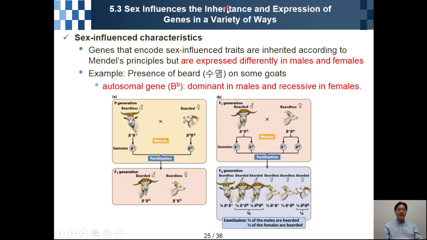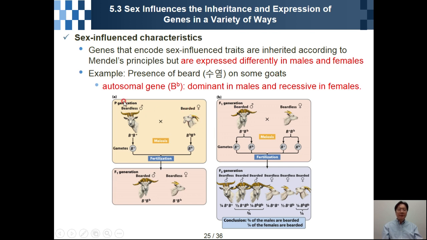Genes that encode sex-influenced traits are inherited according to Mendel's principle, but are expressed differently in males and females. For example, the presence of beard in some goats.